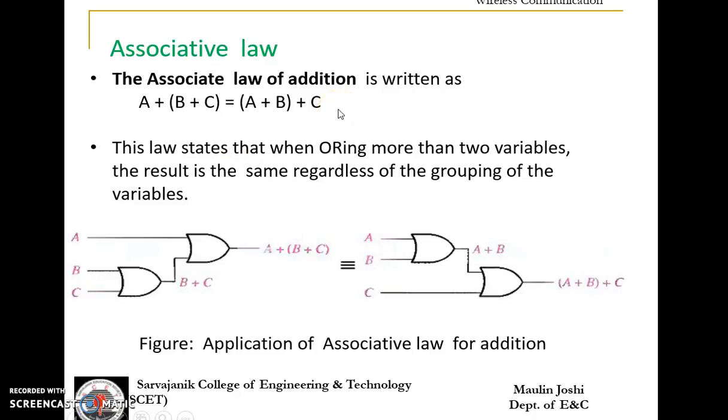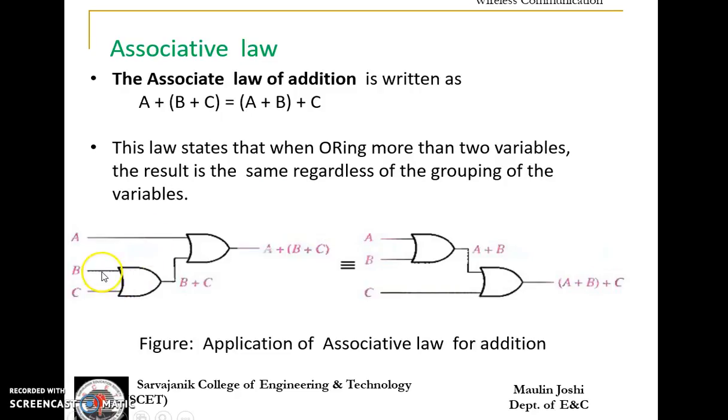Associative law. The associative law of addition is written as A plus bracket B plus C bracket over is equal to bracket A plus B bracket over plus C. This law states that when ORing more than two variables, the result is the same regardless of the grouping of the variables.